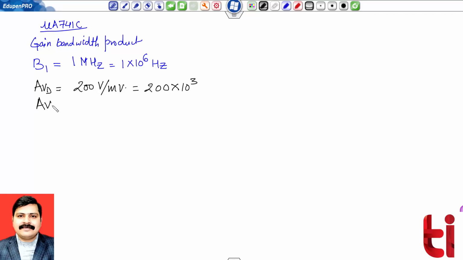So my AVD becomes 2 into 10 raised to the power 5. Okay, this is my open loop voltage gain. Now let us calculate the value of F1.